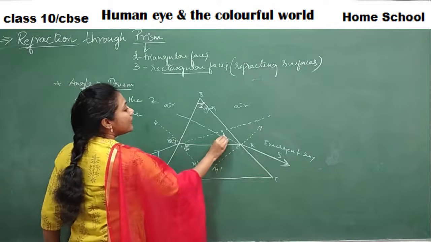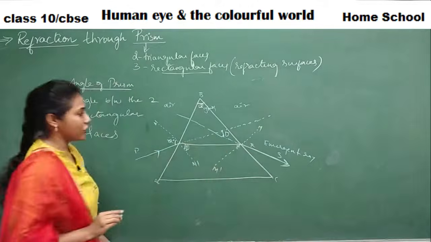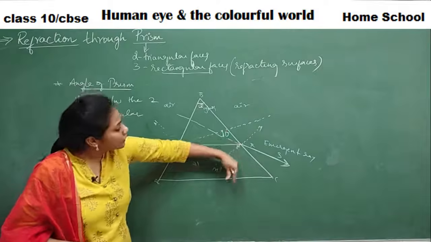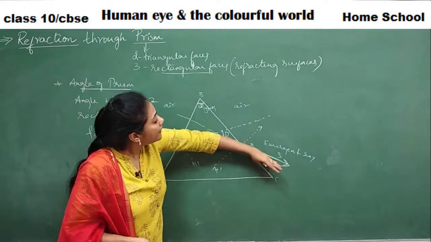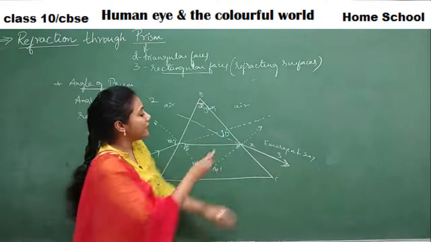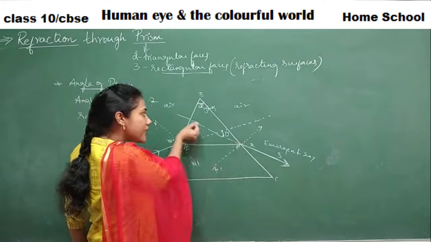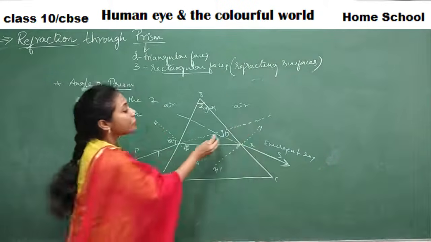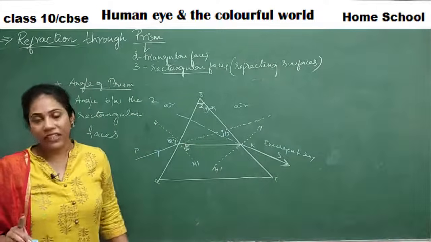So this angle, we will call it as angle of deviation. Okay, so this angle will tell us to how much extent the light ray has bent. This is a normal path, but to this extent the light ray has bent. Just this line if you project back, this line if you extend back, it will meet the normal path of a light, no? So that angle we will call it as angle of deviation.